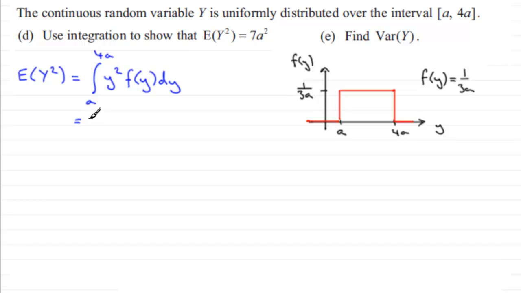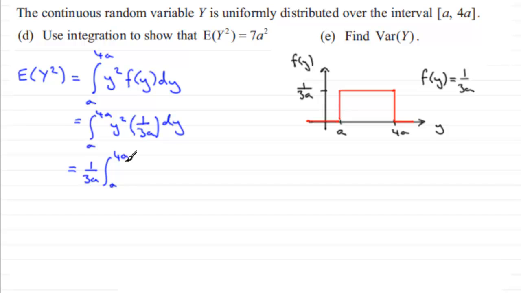So this is the integral now going from a to 4a of y squared multiplied by 1 over 3a, and we're integrating that with respect to y. What I'm going to do is take 1 over 3a out the front of the integral. You don't have to do that, but it's a constant, so it just makes the integral easier to work with.